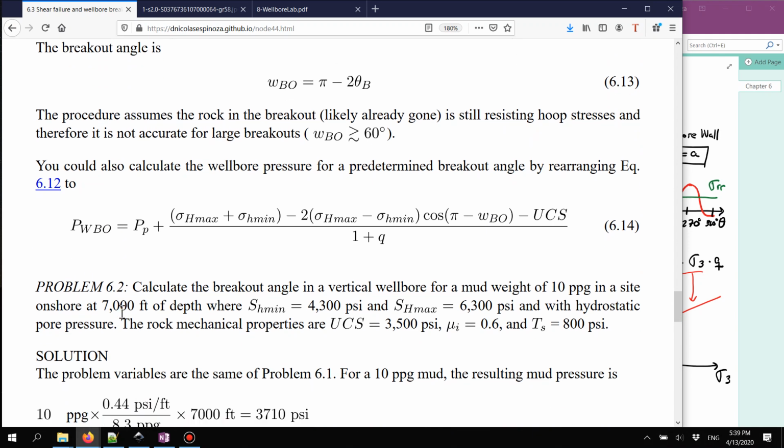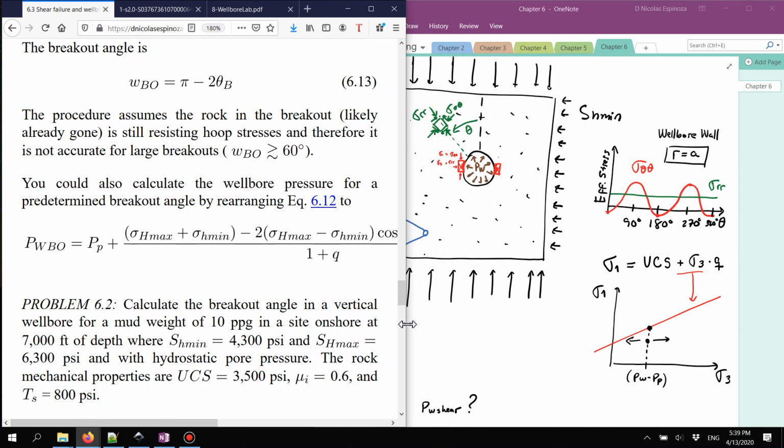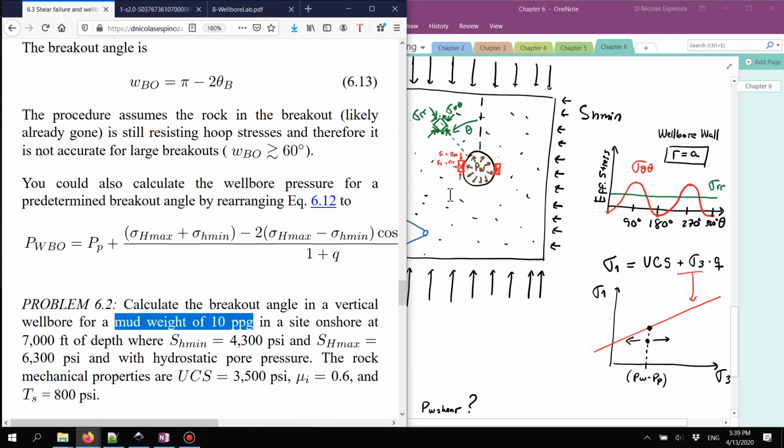All right, so in this second example, I'm taking the same case, but now I'm calculating the breakout angle for a mud weight of 10 pounds per gallon.